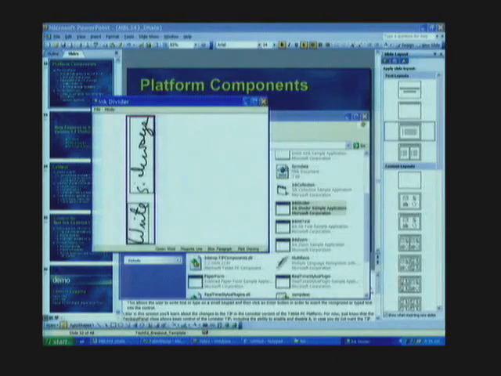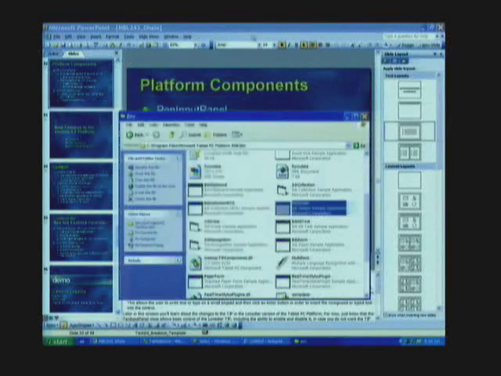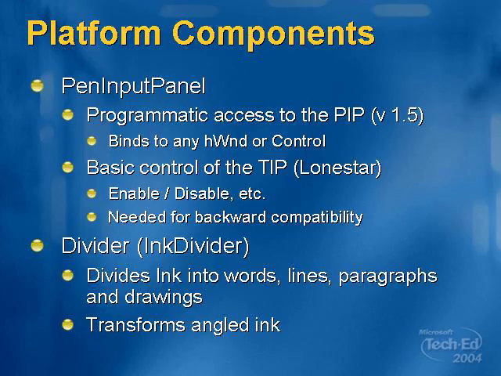This is the same technology that's used in the Windows Journal application to do parsing and ink recognition, so it's available to you in the ink divider object. And as I said, all that code is available to you in the SDK sample for the ink divider.